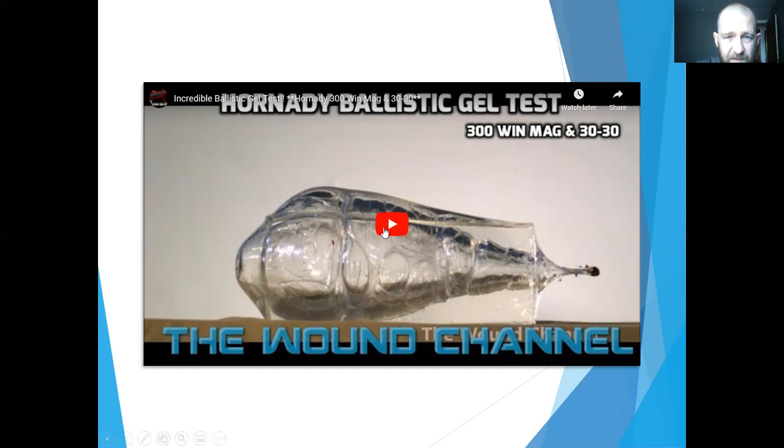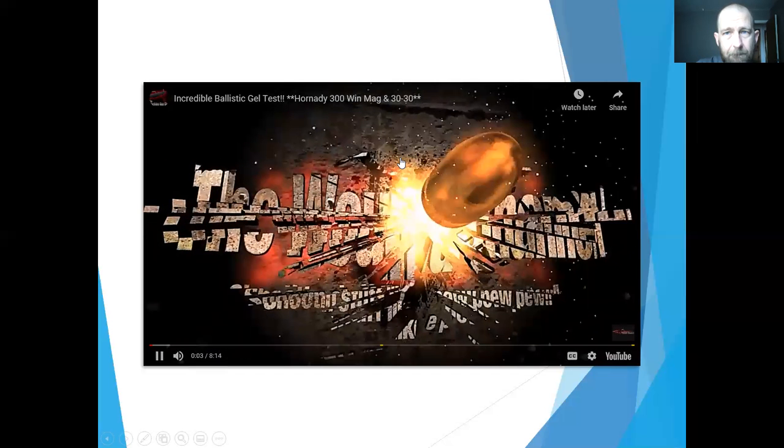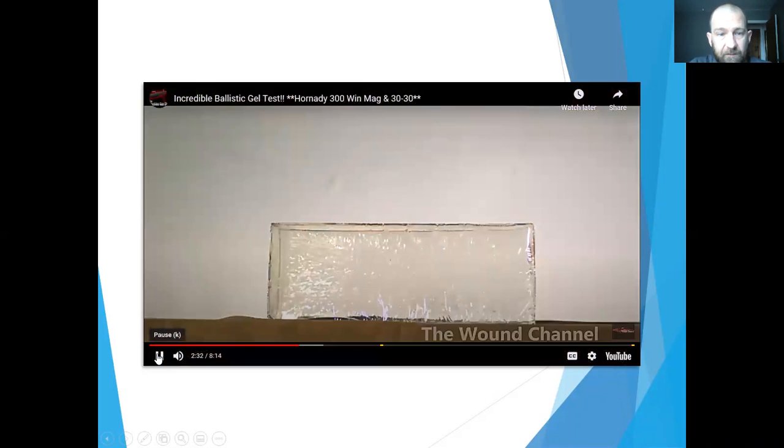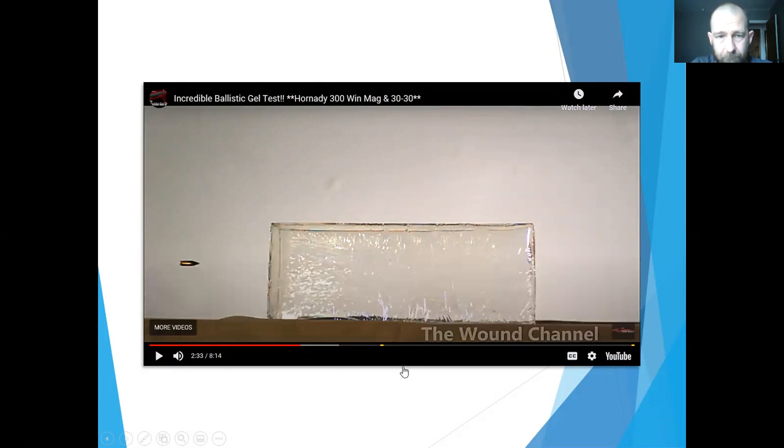So check out what the pressure wave does as the bullet's going through. I had to fast forward it there to get it to the right spot. So watch this. Here's the bullet, in super slow motion. We can see the bullet about to enter the ballistics gel. Pay attention to the pathway that the bullet leaves behind it.